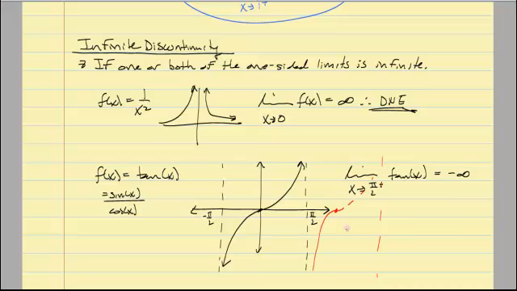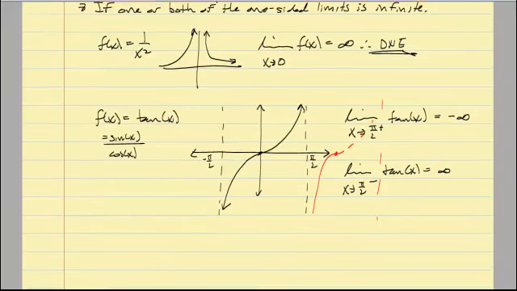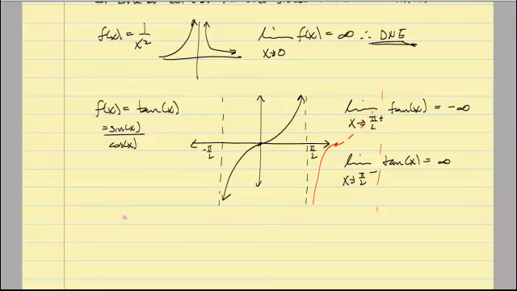As we approach pi over 2 from the left, put in tangent of x here, we can see that we get this positive infinity. Now the limit from the right does not equal the limit from the left, therefore the overall limit will not exist. These are not equal. Therefore the limit as x approaches pi over 2 of tangent of x does not exist.